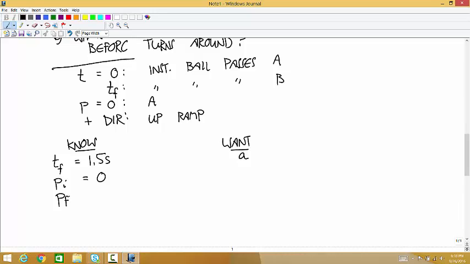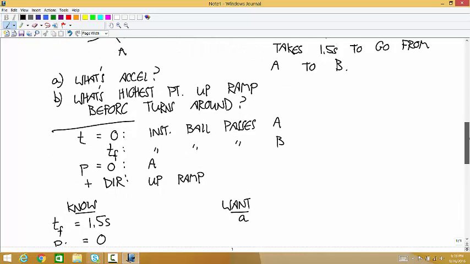P final, that's the position when time is TF. That is 4 feet, which is 1.22 meters, and that's in the positive direction from 0, so that's positive. And then V initial, the velocity when time is equal to 0. That's given.